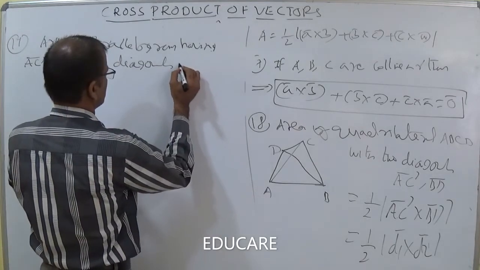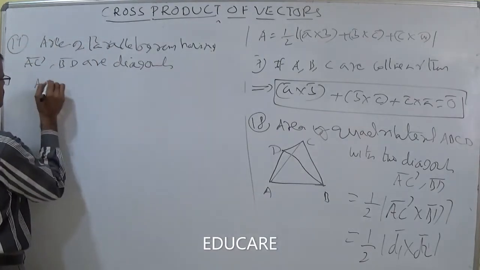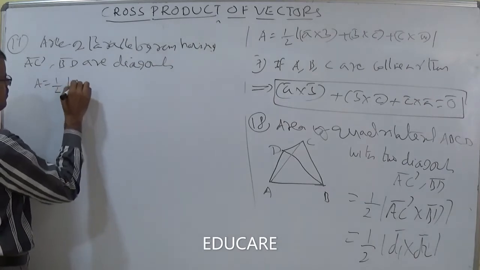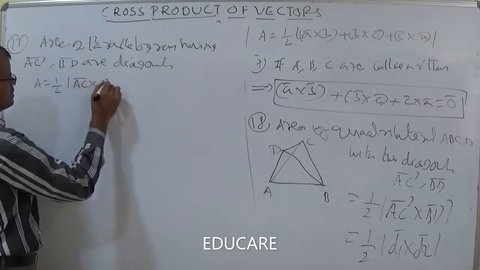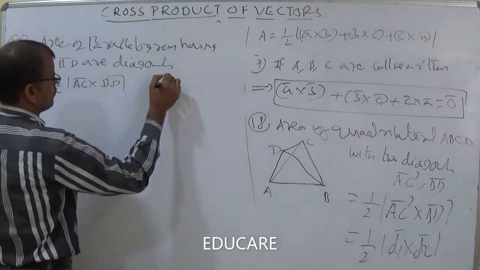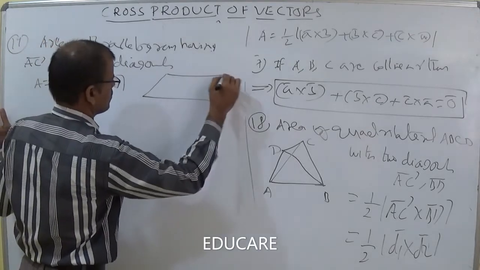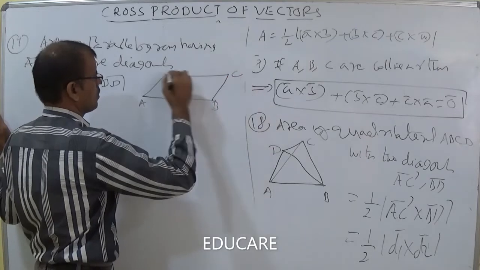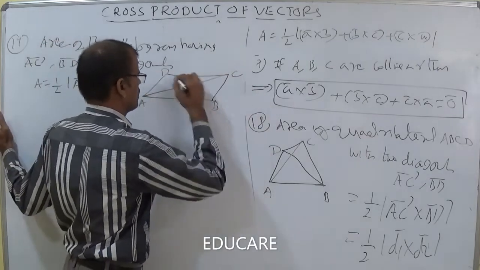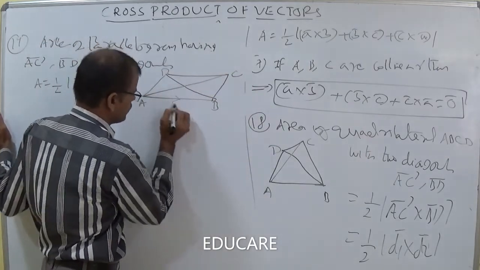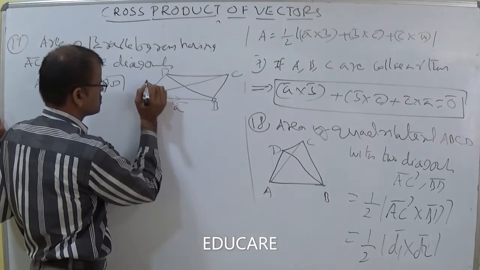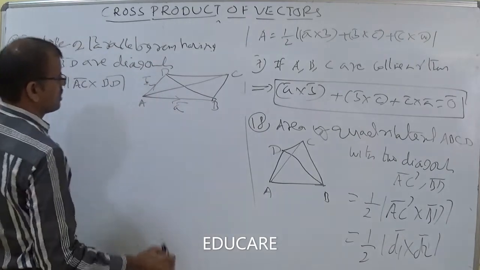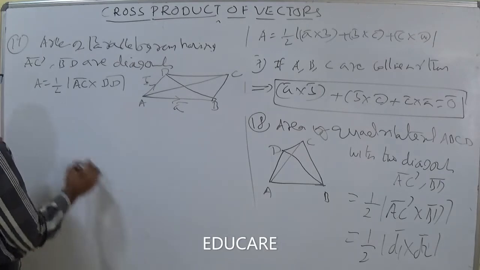The area A is equal to 1 by 2 into AC cross BD for this parallelogram. A parallelogram is nothing but a quadrilateral. Here AC is a diagonal and BD is a diagonal. You can calculate using the parallelogram property.